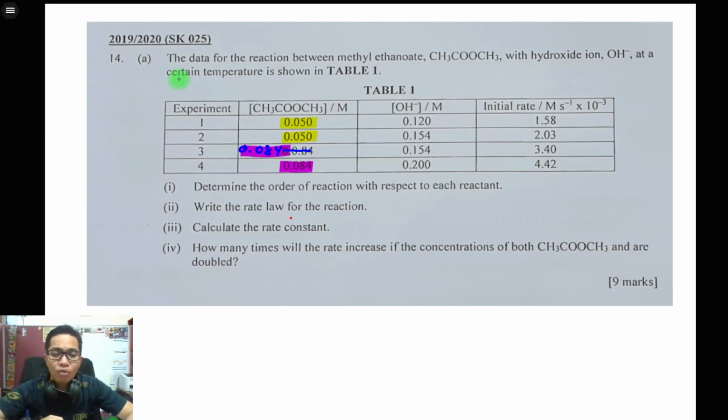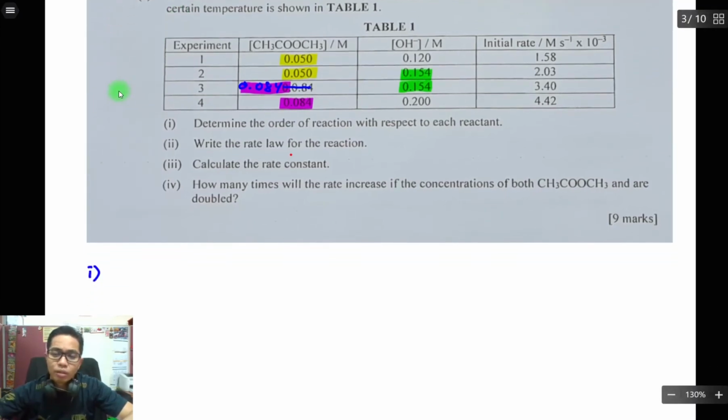However, to get the order of reaction for reactant CH3COOCH3, you only have one option, which is experiment 2 and experiment 3. That is the only one where OH is the same. So we start with OH minus first. I choose experiment 2 and experiment 1.